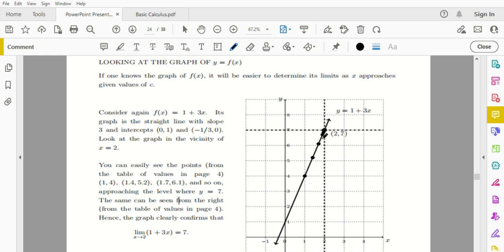Now take note by just looking at this, as x approaches 2 in our given example, so 2 is here, look at what happens to our f of x. It approaches this point at 7.